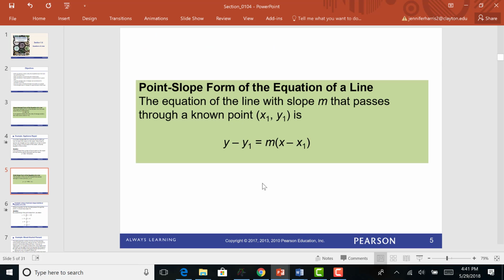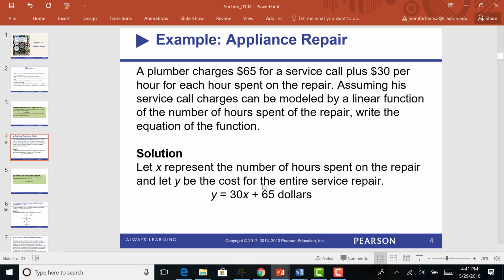Okay. Alrighty. So now, here is a slightly different formula that I want you to use to be able to create an equation. In the previous slide, they gave you the m and the b. They gave you the slope and the y-intercept. Look at this again.